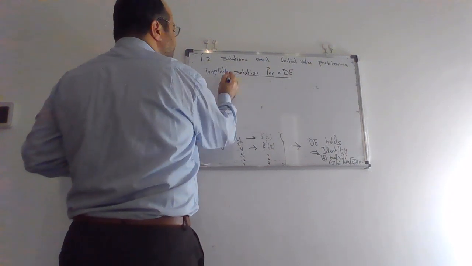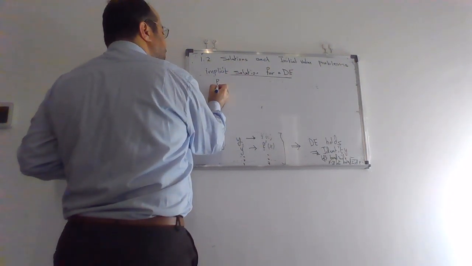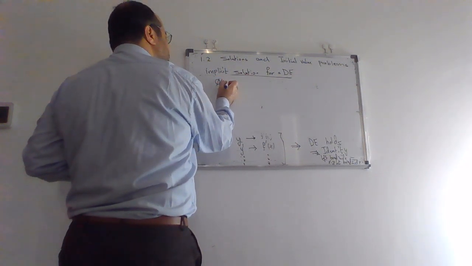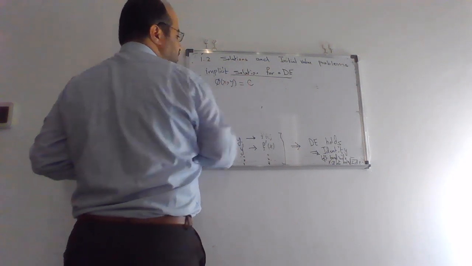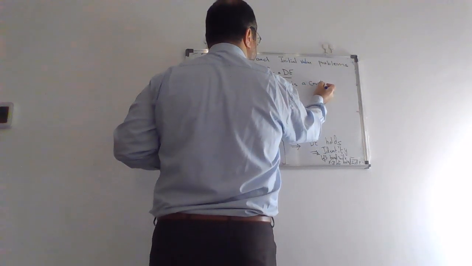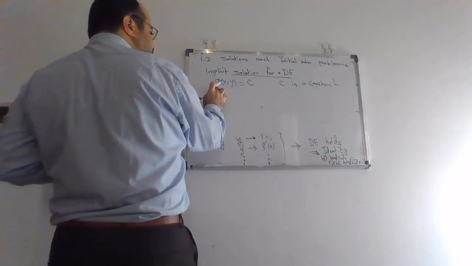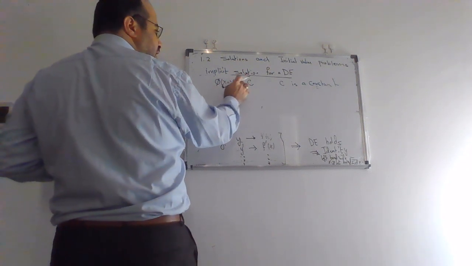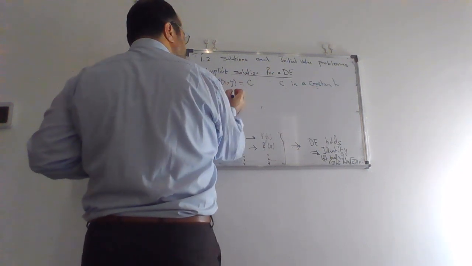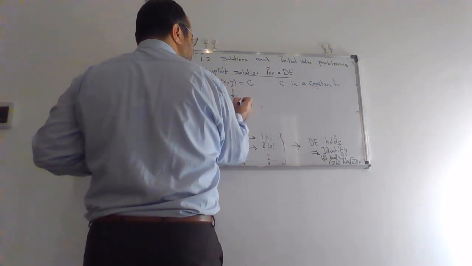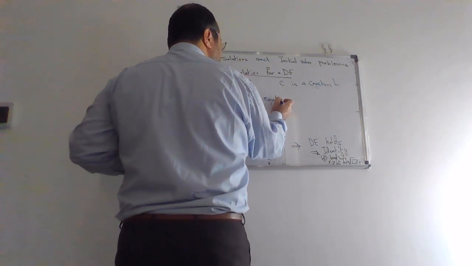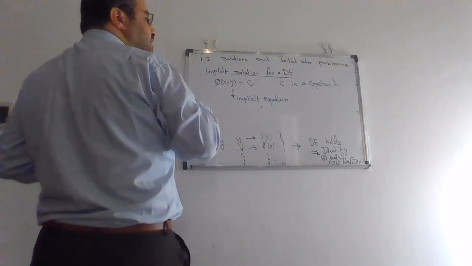In this case, you will have something like, the book is calling it phi of x and y equal a constant. C is a constant. So this is a function of x and y equal c. So y here is not explicit. This is an implicit equation, which means y is not written as a function of x.